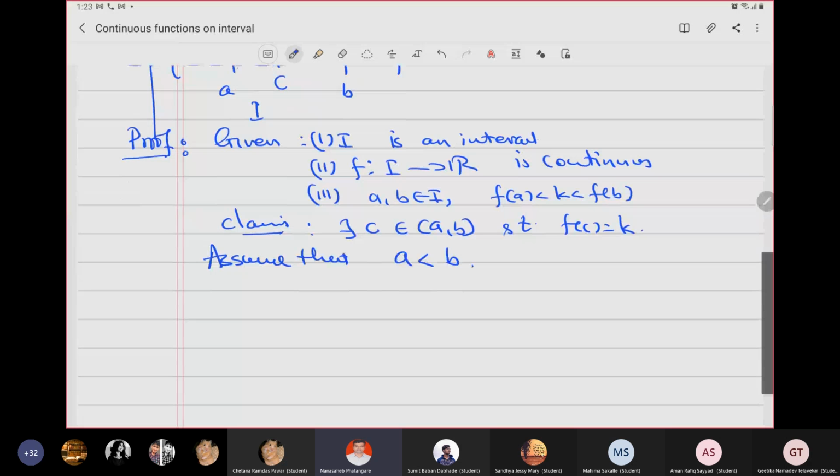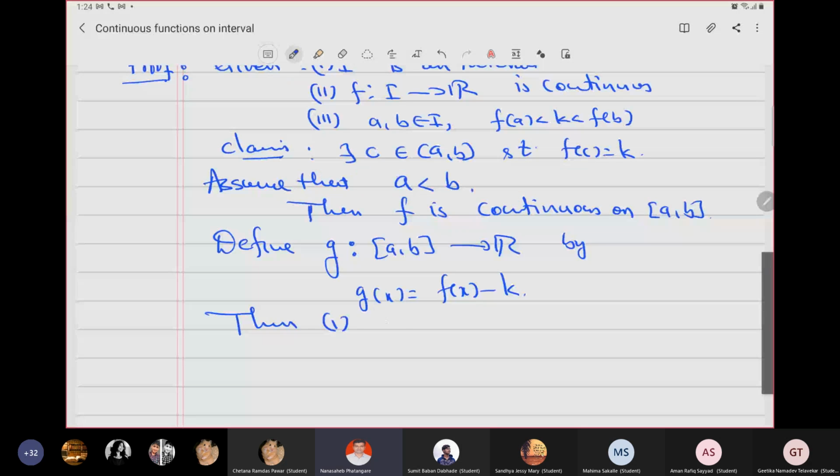K is a constant, and f of x is our given function. The domain of g is a closed and bounded interval. Is it true? Yes.